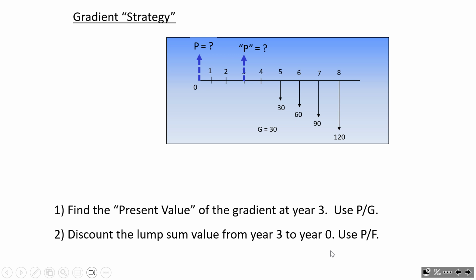I think it's a good idea for a complicated cash flow diagram to write that out before you start your calculations. If you just jump straight into the calculations without a written summary of the steps, it's a lot easier to make mistakes. So I suggest you take the time to summarize the strategy for yourself.